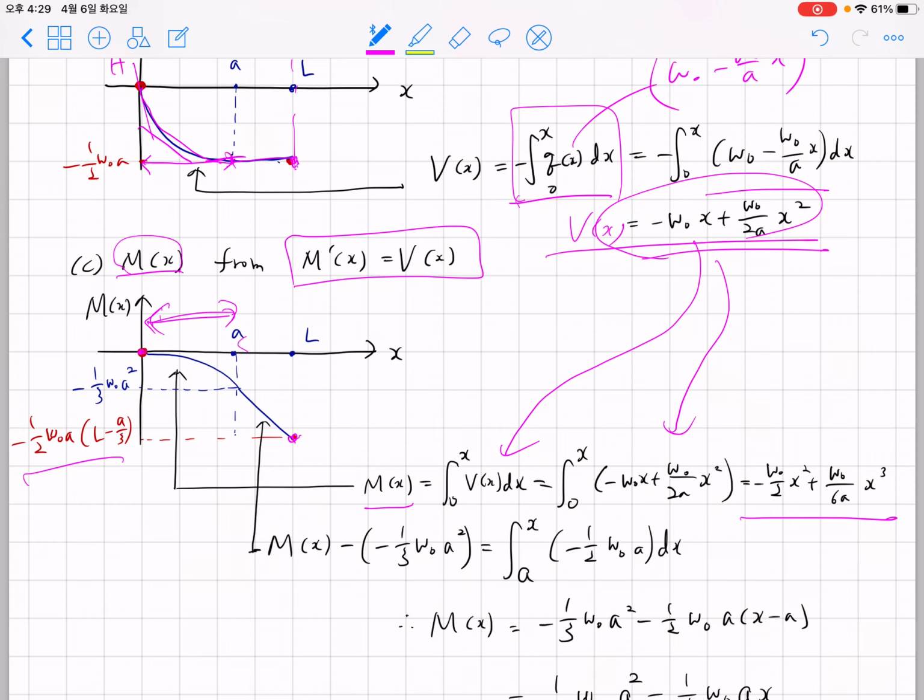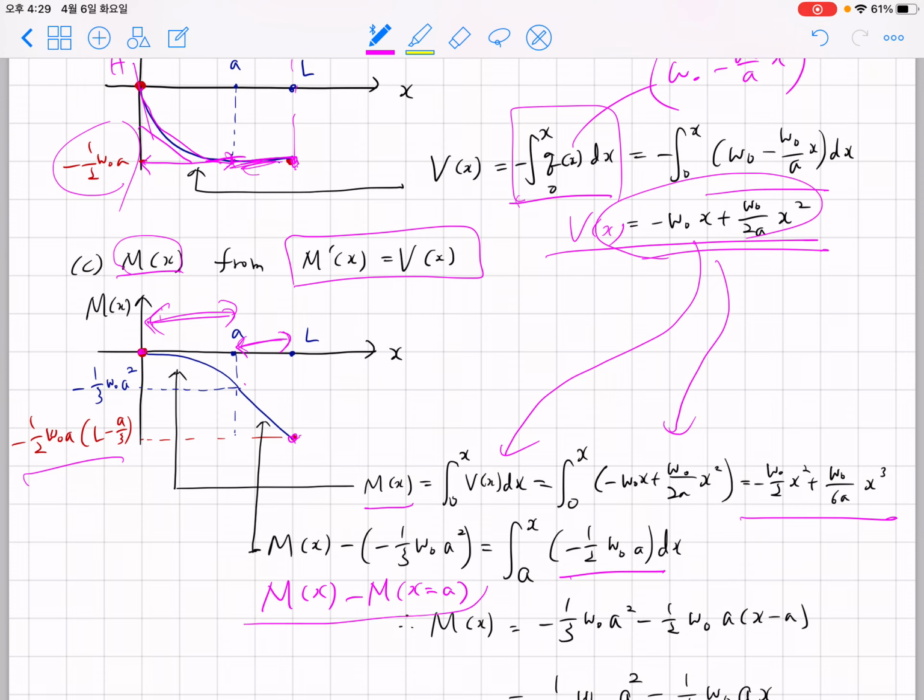And from A to L, we have simply constant V, and V is constant at minus half W0A. We simply plug in this relationship. Of course, please be careful. When you do integration from A to L, you have to consider M(x) at the x equals A point.